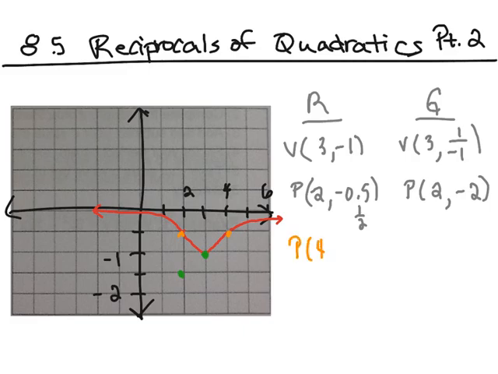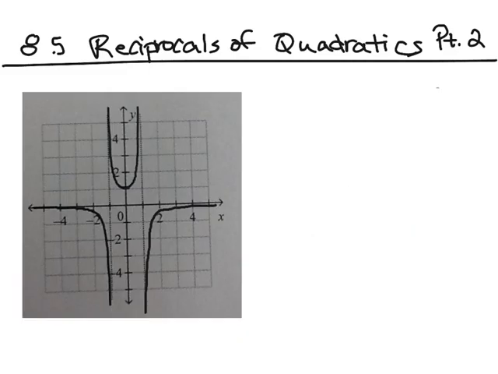So this point is at 4 and negative 1/2. So the point on our graph will be at 4 and negative 2. So we plot this point. Oops, I wanted to do that in green. So now all we have to do is draw our function. So the green is our normal function.